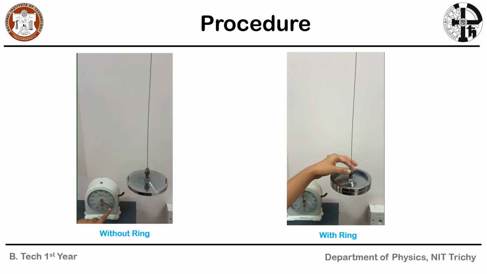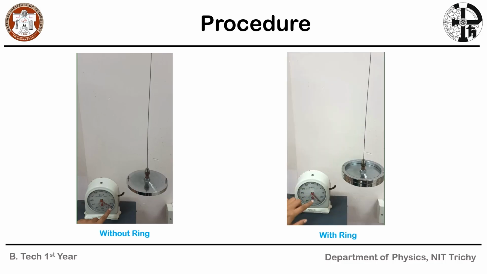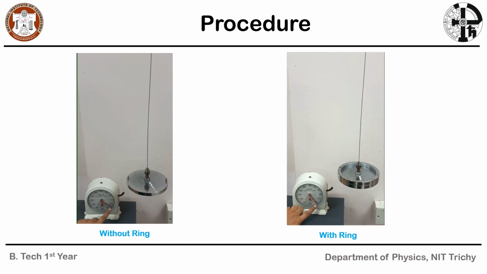Give a small angular displacement. Leave the first few oscillations. Once it attains stable oscillation, using the stop clock, you measure the time period for 10 oscillations.